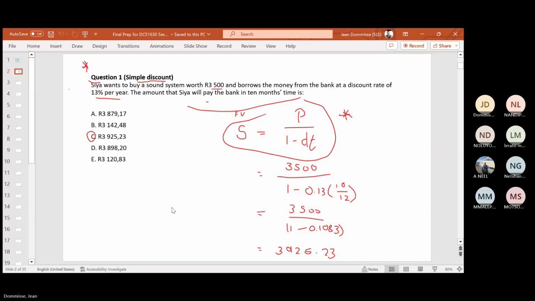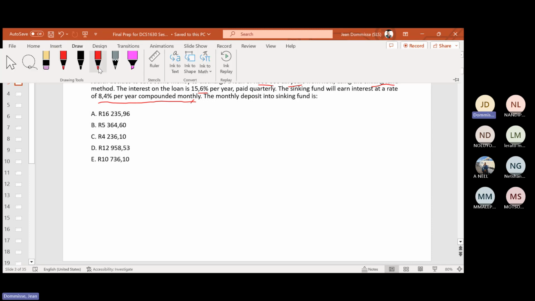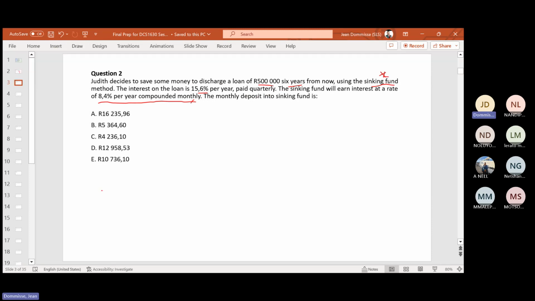Okay, cool. So the first question that we covered was on simple discount. Now we are looking at the sinking fund. So let's look at the information that they give us, and what we will do.